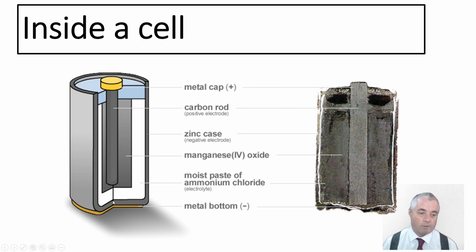And then on the outside, you've got some zinc. So those 3 chemicals together, ammonium chloride, zinc, and carbon, are the things that react to produce the voltage that the cell gives. And the voltage is mostly determined by the 2 chemicals, zinc and carbon, and that's why you can only get about 1.5 volts from a cell.